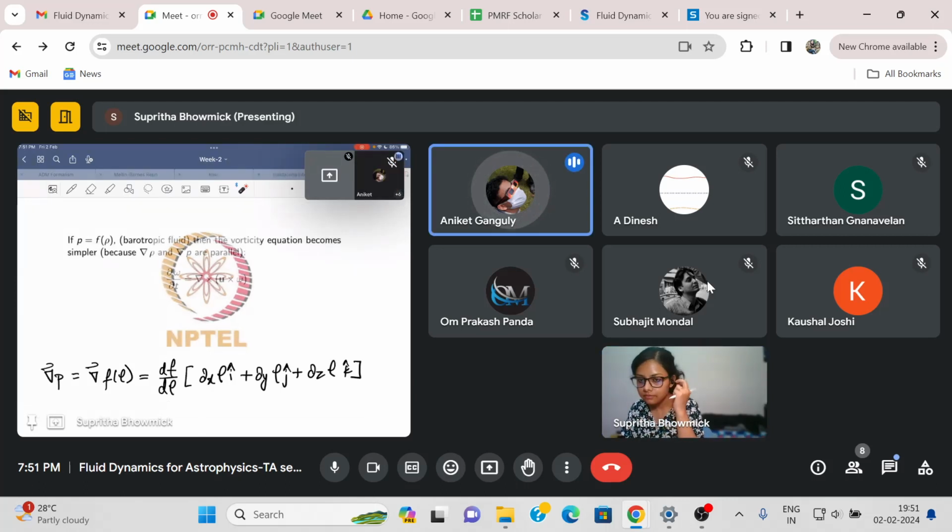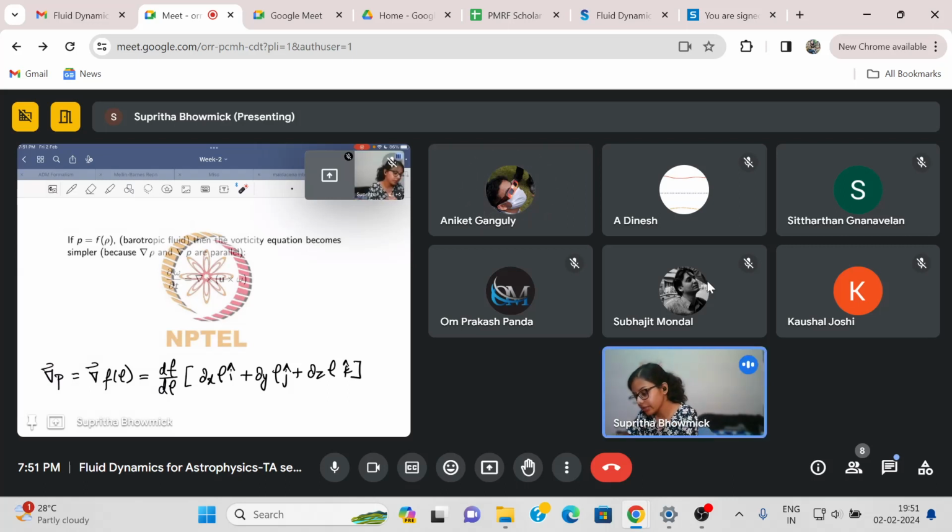One thing I want to ask, since I missed the last lecture: what is the meaning of barotropic fluid? Barotropic fluids are just fluids where the pressure can be given by some function of rho. Or in other words, your density is just a function of the pressure applied to the fluid.